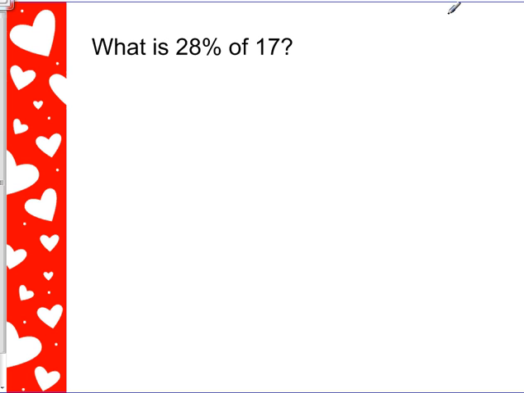Okay, all right, so this next one, what is 28% of 17? In this particular case, I'm going to use the proportion idea. So instead of using an equation, I'm going to talk about it using a proportion. So I know I have 28%, and all percents are over 100.